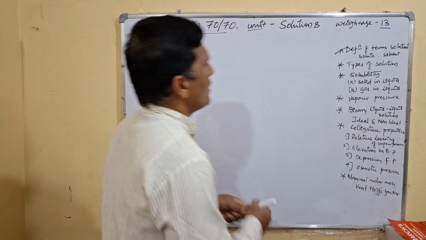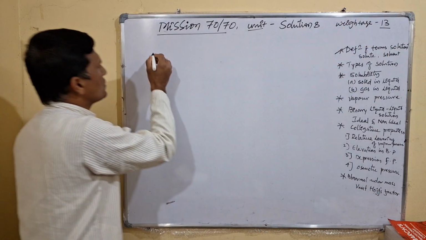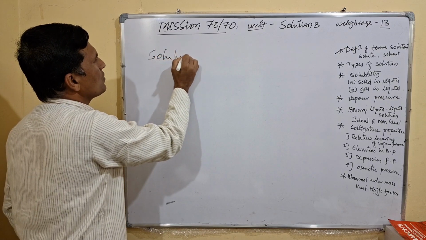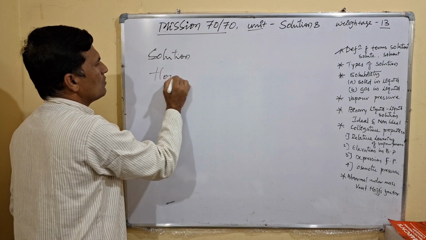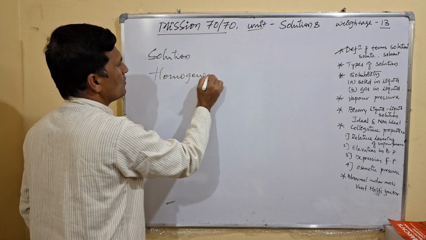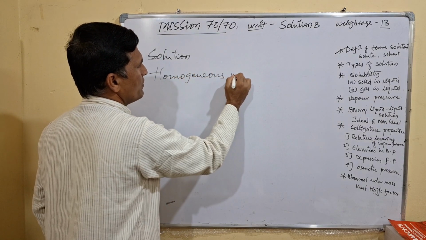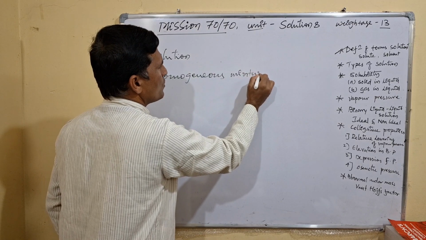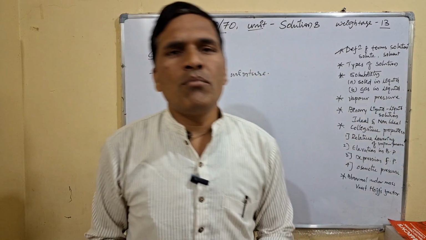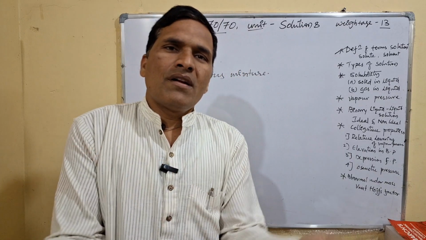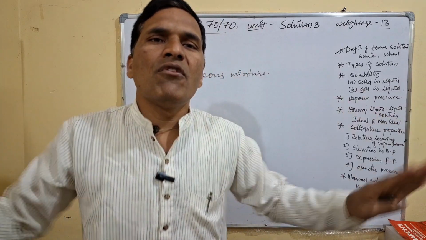First, we will take the definition of the term solution. So what do you mean by solution? It is a homogeneous mixture. You should remember, homogeneous mixture. What do you mean by this? After dissolving 2-3 components together, you cannot differentiate them, meaning it will be uniform throughout.